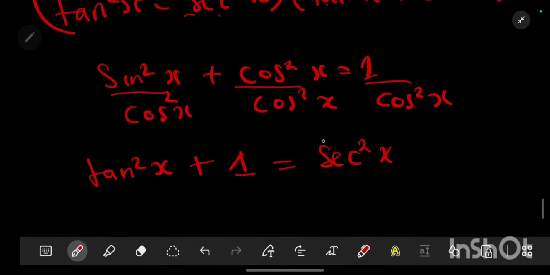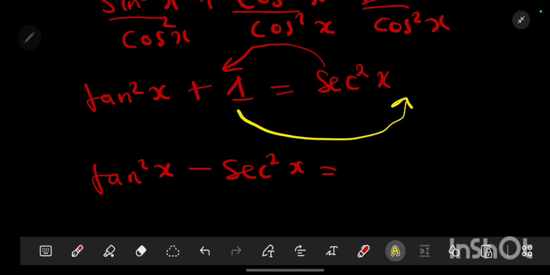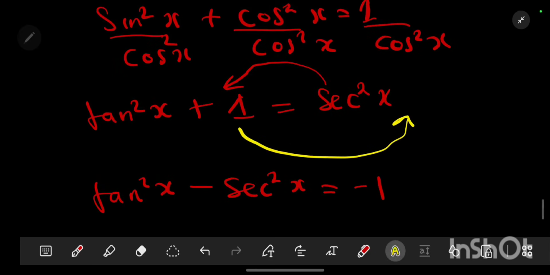So what are we going to do? We are going to take the sec to this side and the value to this side. So this will be tan squared x minus sec squared x equal to -1, since the +1 becomes -1 when it goes to this side. So wherever you see this, you put -1.